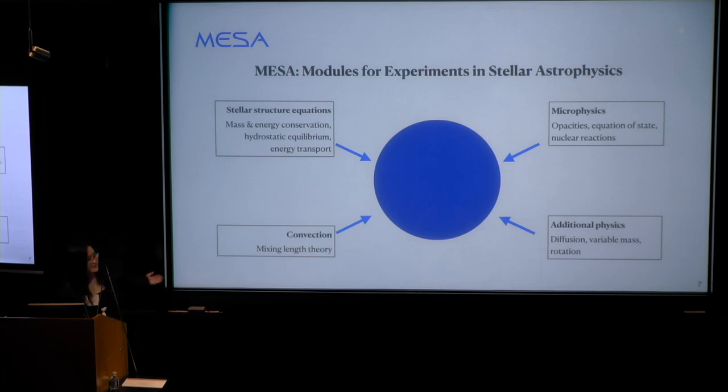It has all these ingredients of stellar structure equations, convection, microphysics, and there's also additional physics such as diffusion, mass changes, and rotation. In our study, we're focusing on stars of masses 10 to 100 solar masses, of metallicity 0.001 to 1 solar metallicity. The simulations I'll show in the next few plots will focus on 1 solar metallicity and we will run lower metallicity in the future.